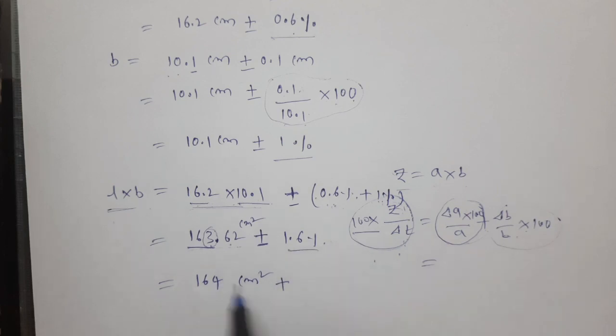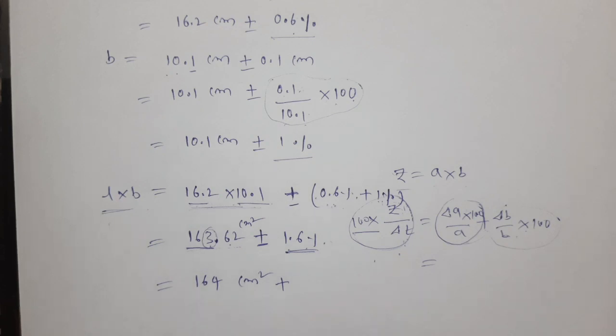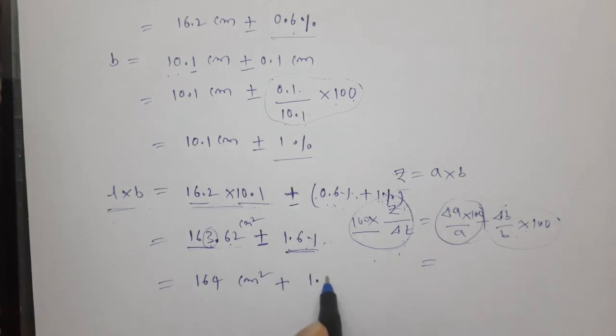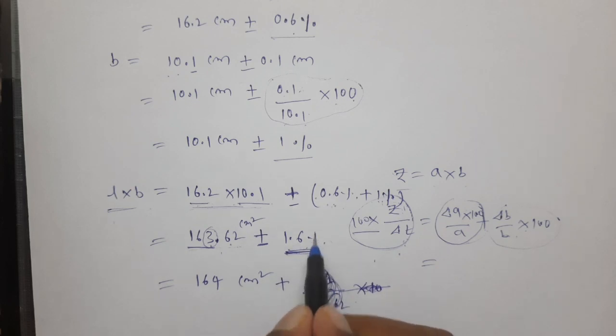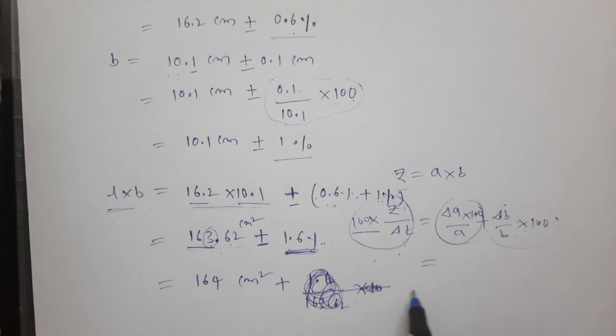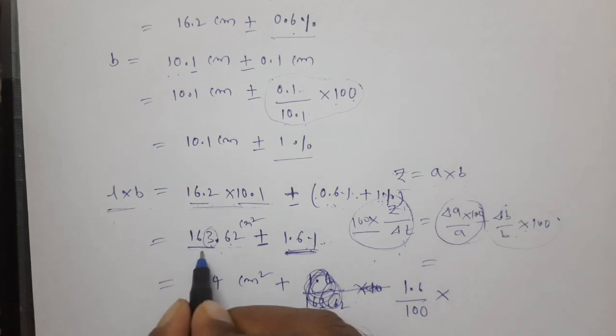This is in terms of percentage, right? So we take 1.6 by 100 into 163.62.